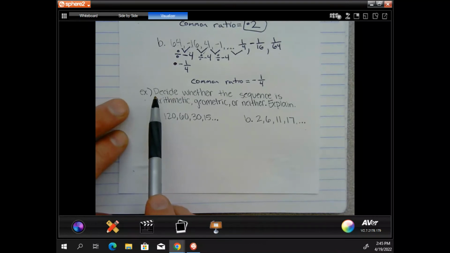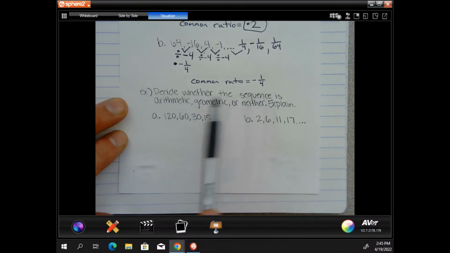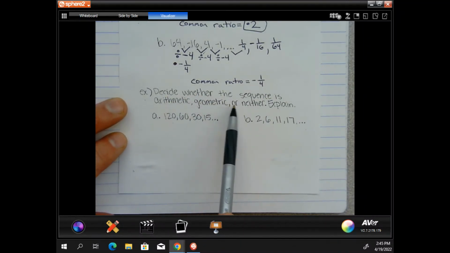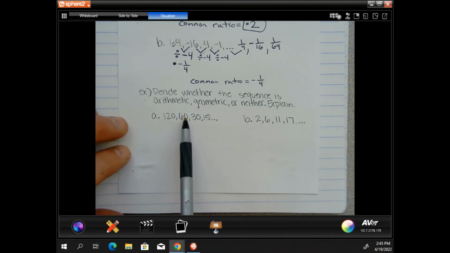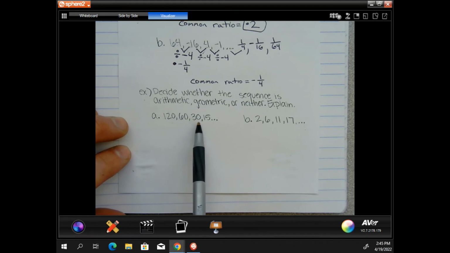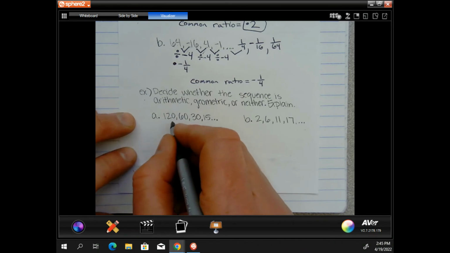All right, so our last part of our notes is decide whether the sequence is arithmetic, geometric, or neither. Explain. So if I look here, I can see that it's decreasing by 60, and it's decreasing by 30. So it looks like it's dividing it by 2 or multiplying it by 1/2.